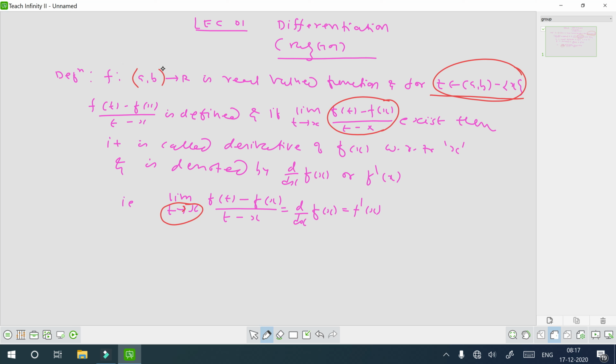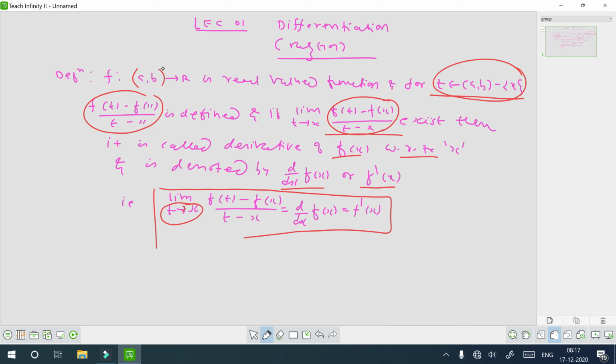Then if this function is defined and this limit exists, it is called the derivative of the function f(x) with respect to x, denoted by d by dx of f(x) or f dash x. So this is just the definition of differentiation. Clear?